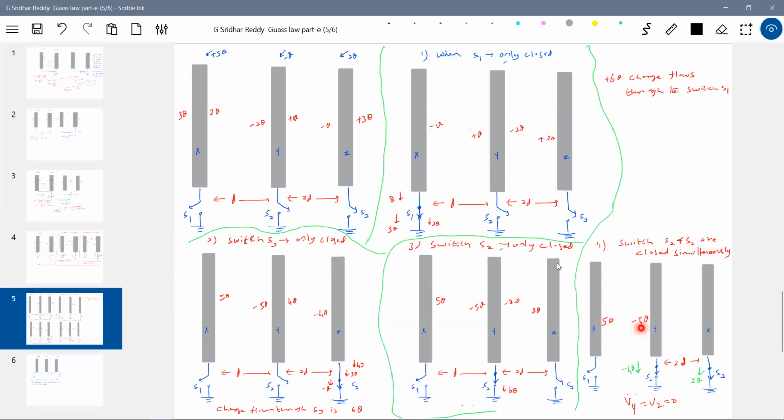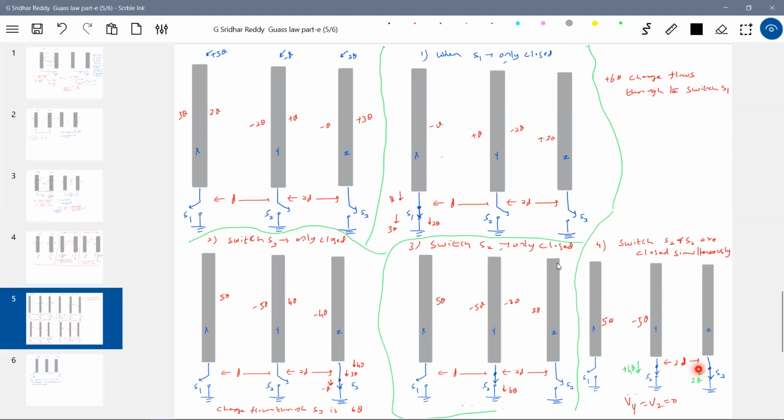Minus 5q means what charge will leave? Plus 4q charge should leave, no? Minus q now will become minus 5q. So 4q charge should leave this one. 4q plus 2q, 6q. When both the switches are closed, the net charge flown, of course, 4q plus 2q. 4q will pass through this, 2q will pass through this. If you close any switch also, the charge flown was 6q only.